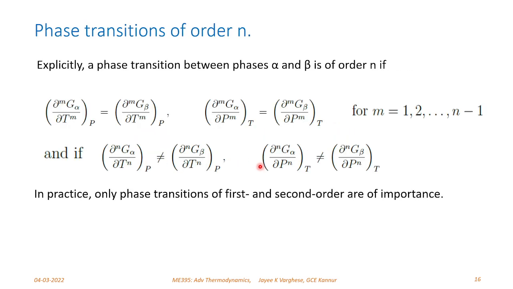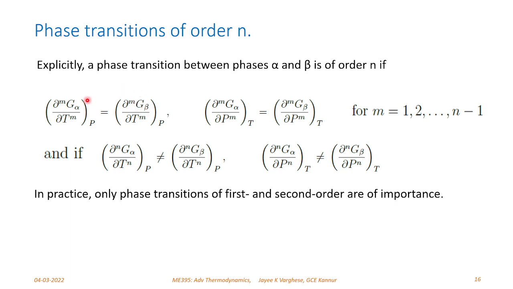For example, the order of the phase transition is defined through the derivative of the Gibbs function with respect to some variable, say here temperature and pressure.